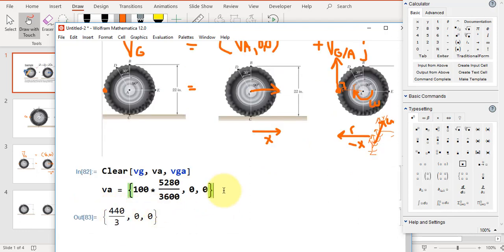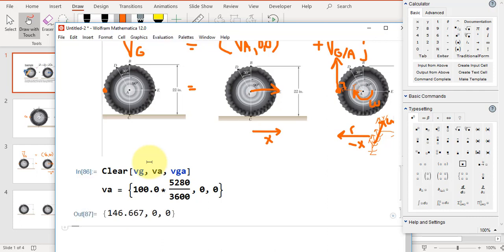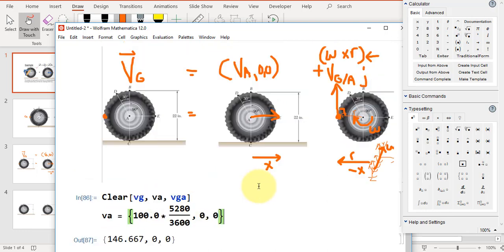To go from a fraction to decimals, you can either turn it into a number with //N, or an easier way is to use something other than an integer in here, so instead of 100, I say 100.0, then it'll give me decimals. Okay, so that's the velocity of the car, which is also the velocity of point A, and this is in feet per second. So that's going to be one piece of our equation.